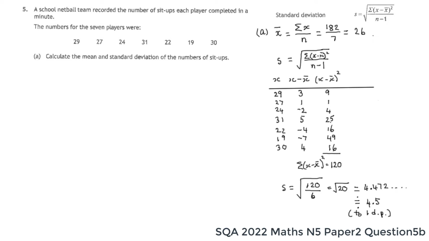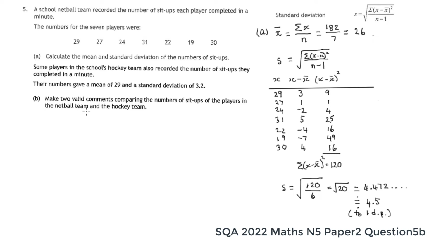Let's now move on to part B. It says some players in the school hockey team also recorded the number of sit-ups they completed in a minute, and their numbers gave us a mean of 29 and a standard deviation of 3.2. Now, to make two valid comments comparing the numbers of sit-ups of the players in the netball team and the hockey team, well, let's first of all look at the mean, the average value.